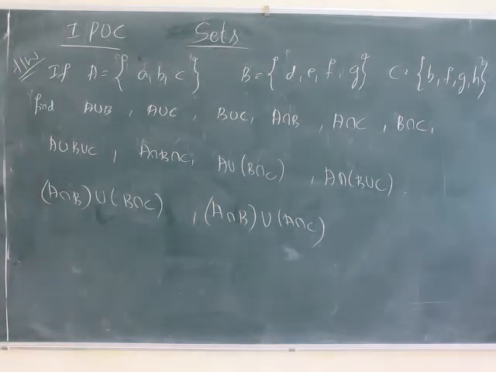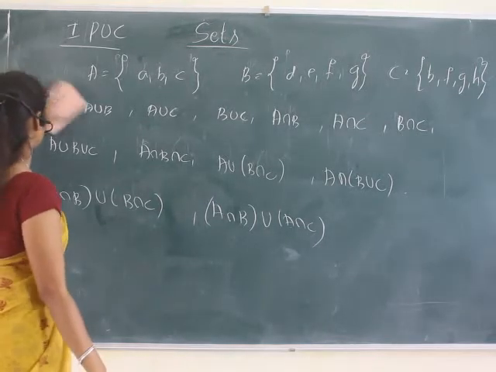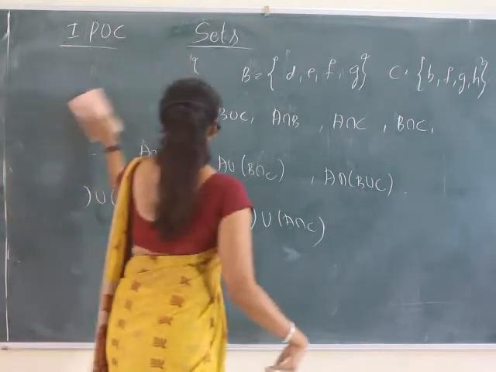Calculate, if A, B, C are given, means calculate what is the value of all these. So this is one of the example, or it is one of the homework problem.